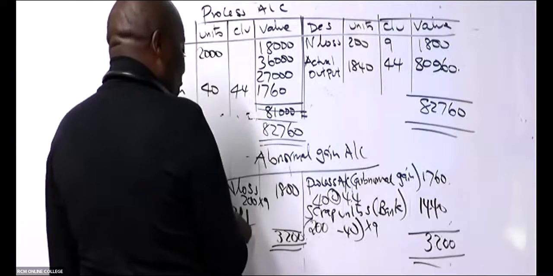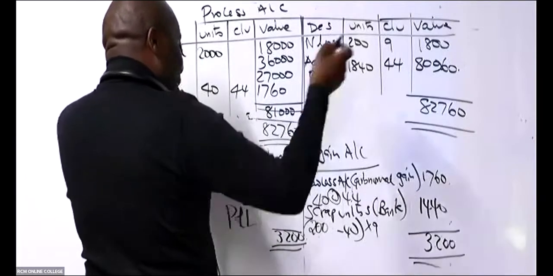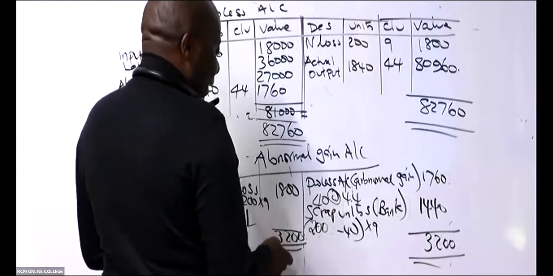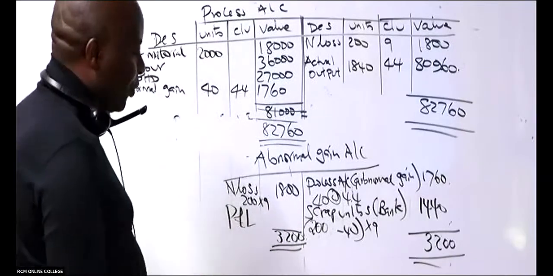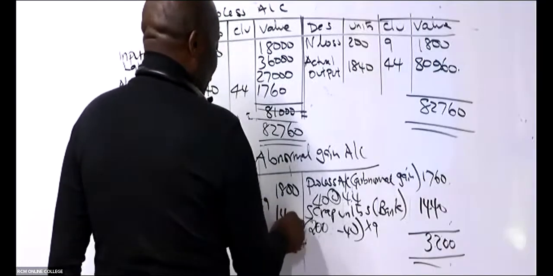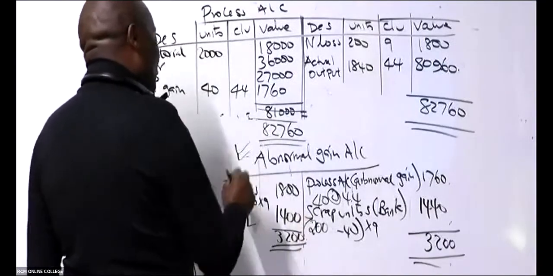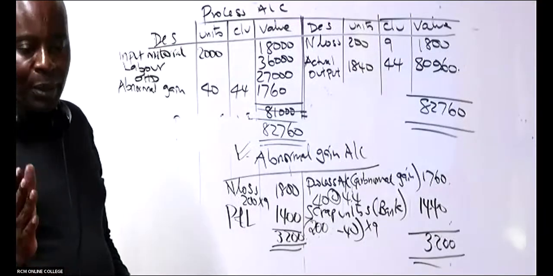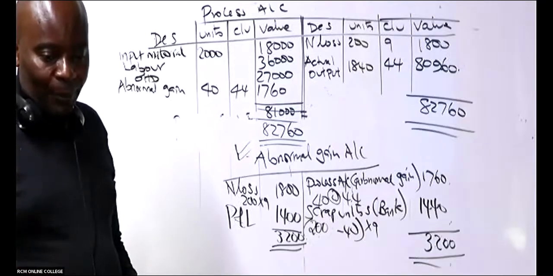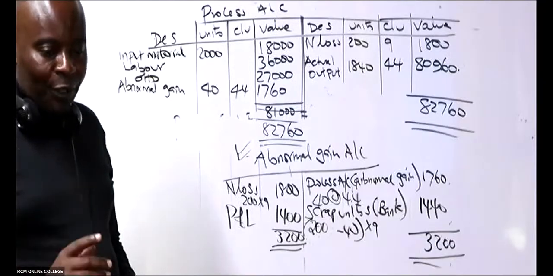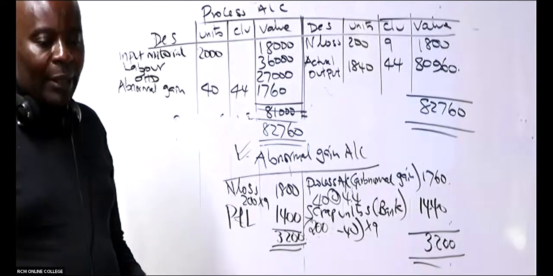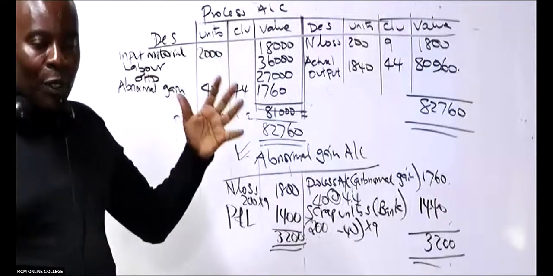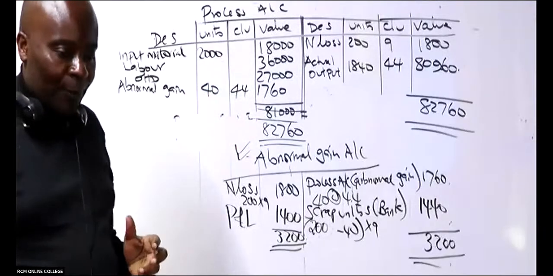So the balancing figure, which is going to the P&L on the credit side of the P&L, remember it's debited, will be how much? 3200 minus 1800 will be 1400. So the P&L, you take 1400. I'm 100% sure this at times confuses, but the moment I do another question, you'll be comfortable. And the most important thing for now is you first of all appreciating how we do the process account.